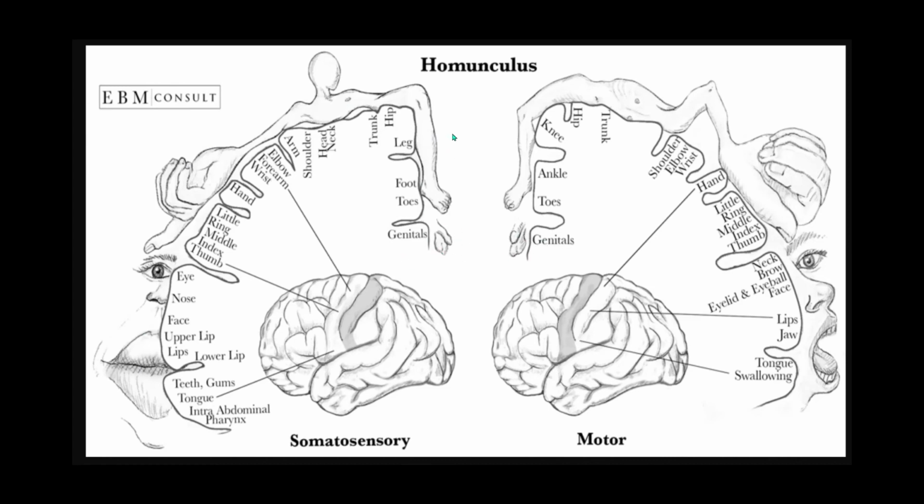So if you understand the representation of the body on the cerebral hemispheres, then you can understand what parts of the body, or what functions of the brain, become affected when you have occlusions of several cerebral arteries. Most of the lateral surface of the cerebral hemisphere is supplied by the middle cerebral artery.